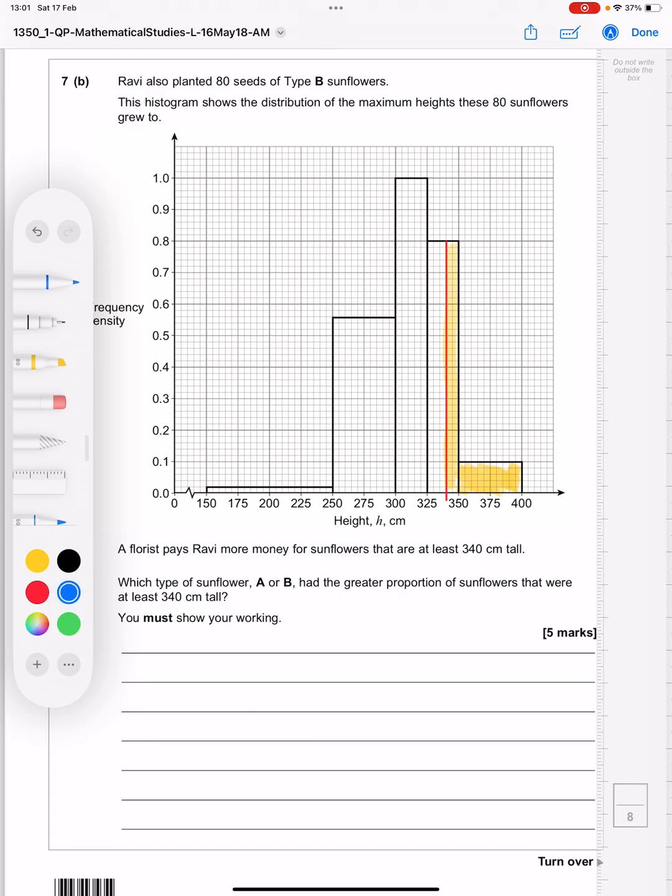So you remember earlier we worked out the frequency density by doing the frequency divided by the class width. We can also work that backwards and do frequency density times class width to get the frequency.